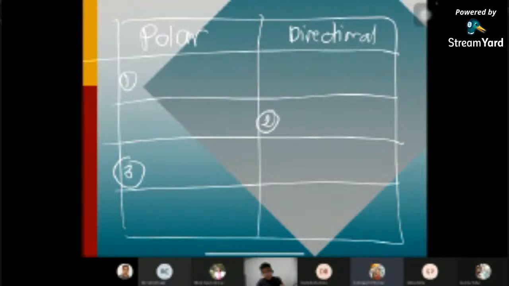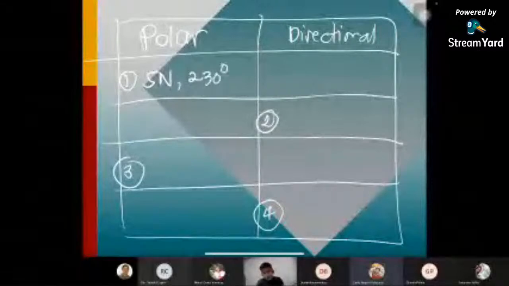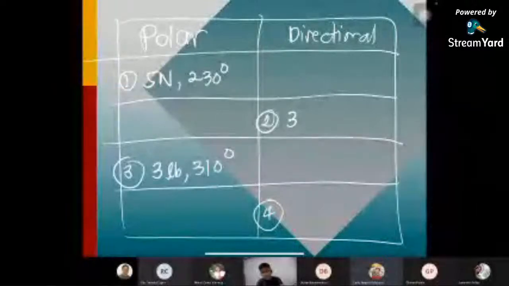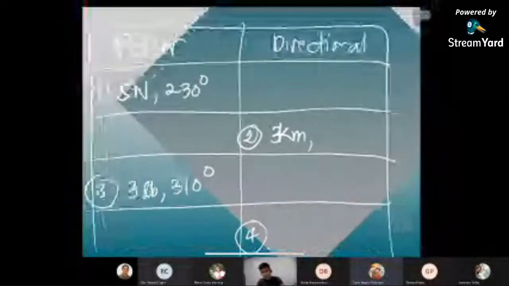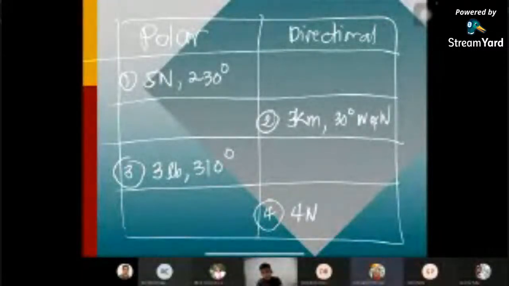We have 5 newtons, 30 degrees, and we have 3 pounds and 300 degrees. And then for direction, now we have, for example, 3 kilometers, 30 degrees, and sabi natin, 4 newtons.